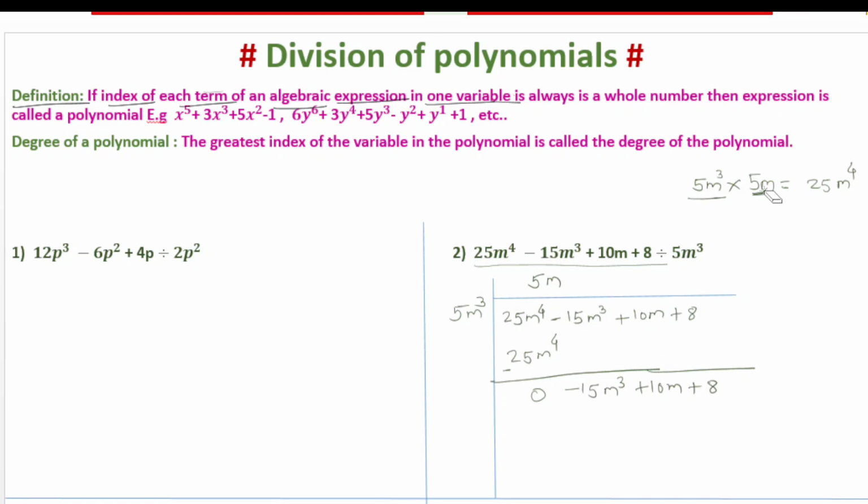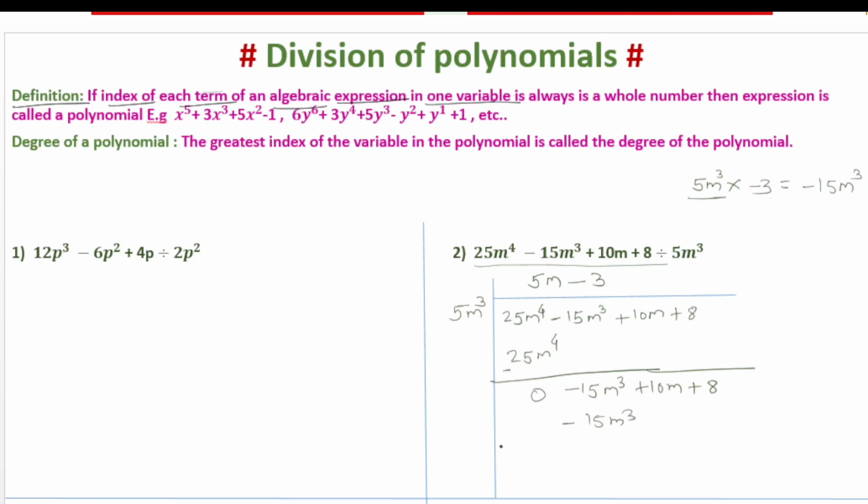Now we want minus 15m³. How do we get minus 15m³? If we multiply 5m³ by minus 3, minus 3 times 5 gives minus 15, and m³ is already m³. So the next quotient term is minus 3. Minus 3 into 5m³ gives minus 15m³.